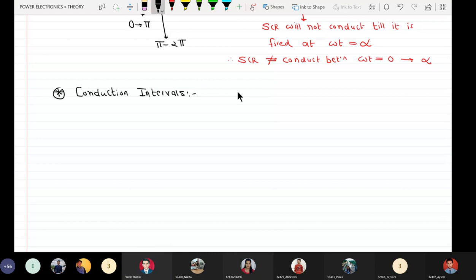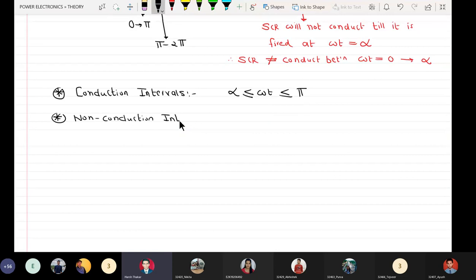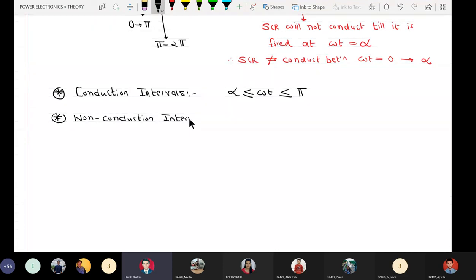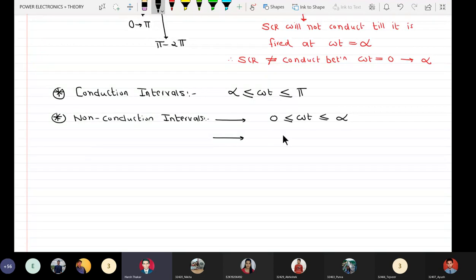are omega t greater than or equal to alpha, less than or equal to pi, and the non-conduction or blocking intervals are two. The first non-conduction interval is omega t greater than or equal to 0, less than or equal to alpha, and the second non-conduction or blocking interval is omega t greater than or equal to pi, less than or equal to 2 pi.